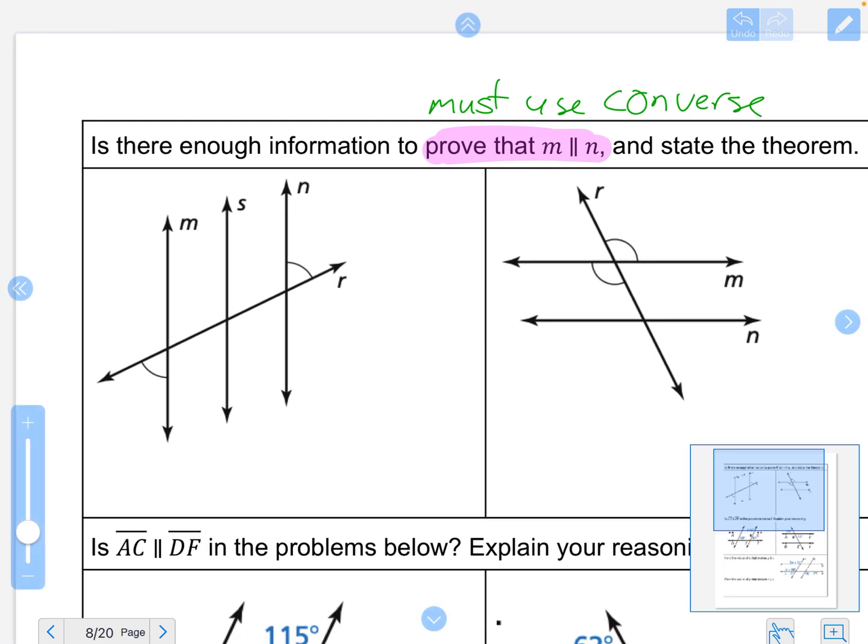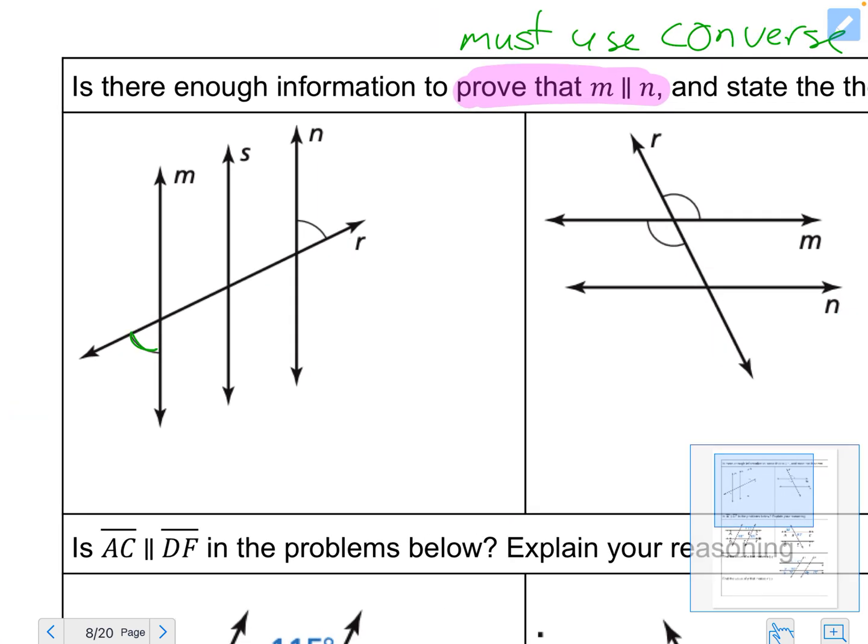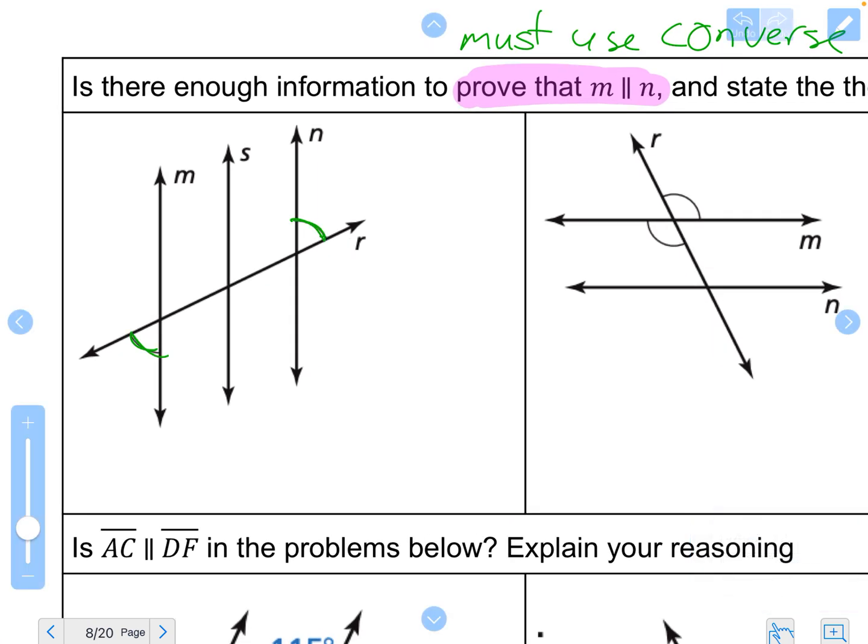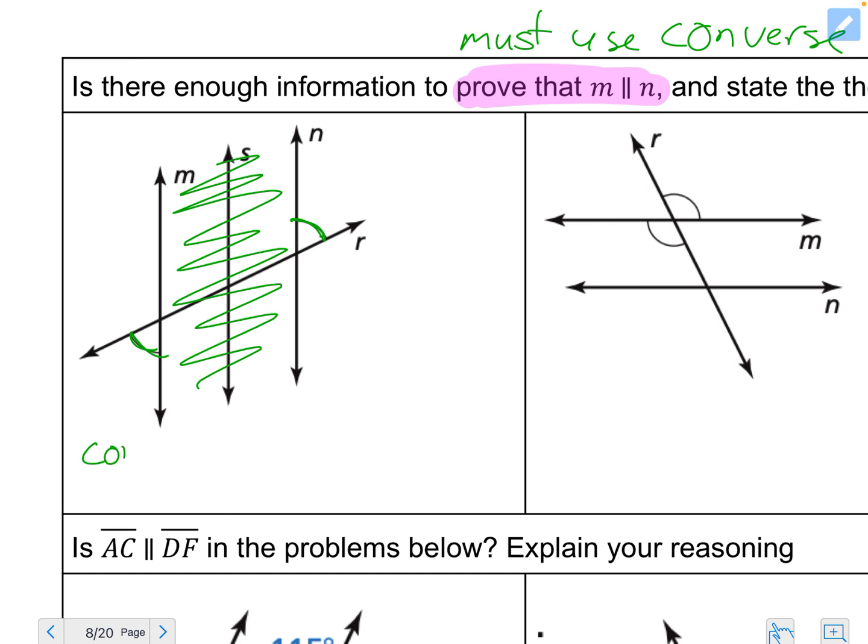I have an angle that is congruent to another one. They are on opposite sides of the line, and they are outside of my parallel lines. So that's going to be the converse of alternate exterior angles. And so yes, M is parallel to N.